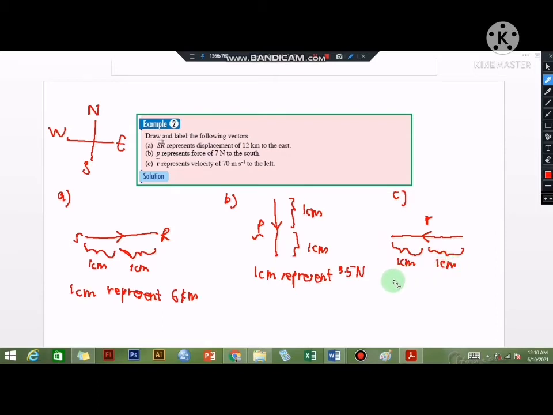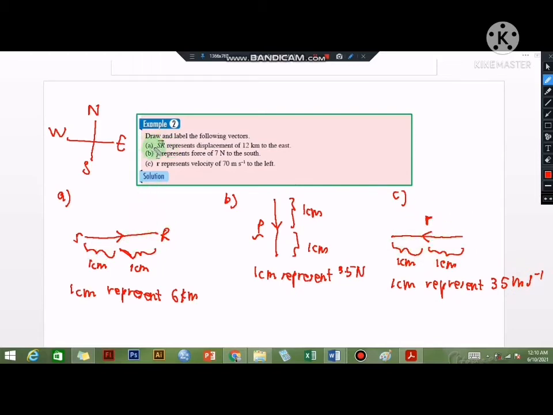So 1 cm represents 35 meters per second. This is how you do it.